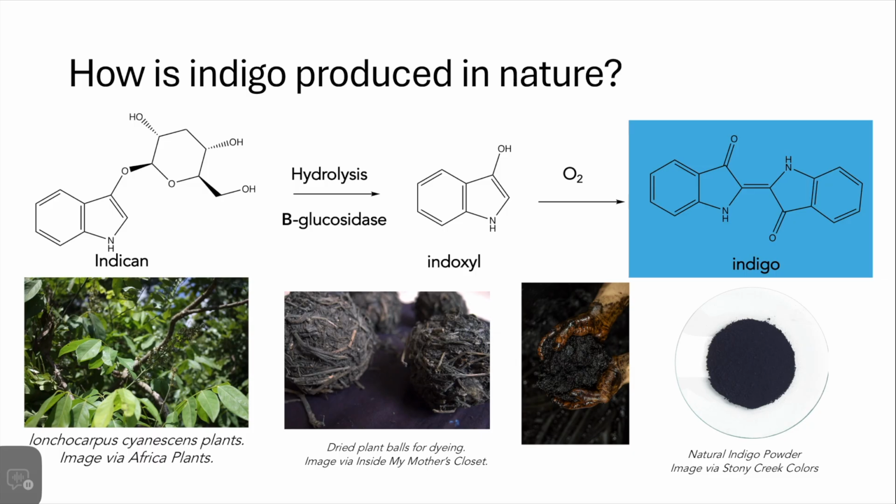When you break apart a leaf of an indigo plant, that indican is going to undergo hydrolysis, so it is going to lose the glucose ring at the top, and it is going to make the precursor molecule indoxyl. And once that indoxyl is exposed to oxygen in the air, two indoxyls are going to come together, form a bond between the two 5-member rings, and then you're going to form the indigo molecule.